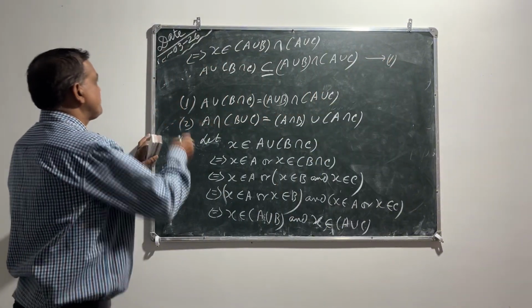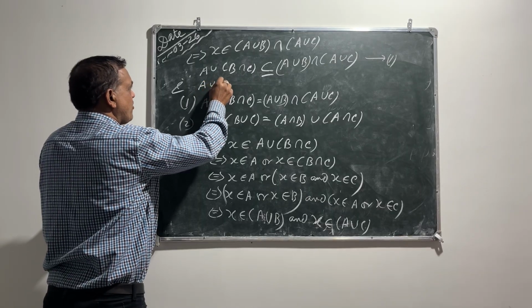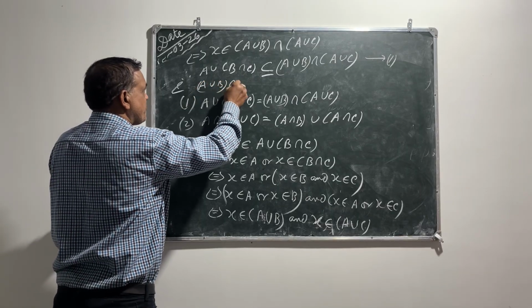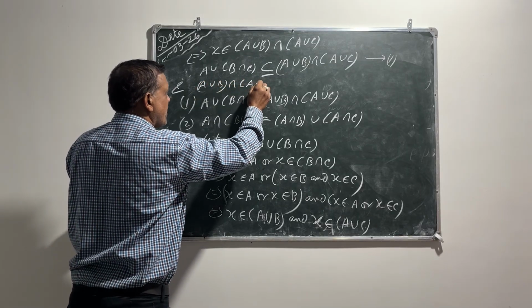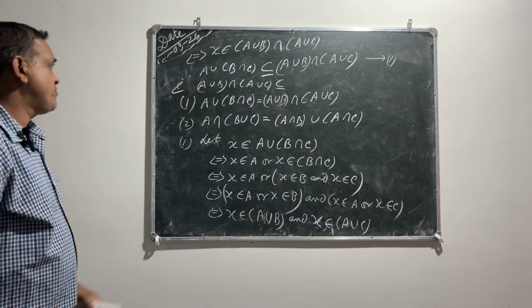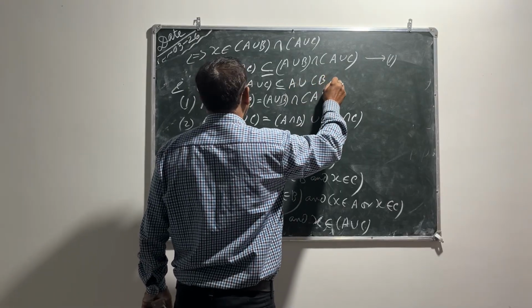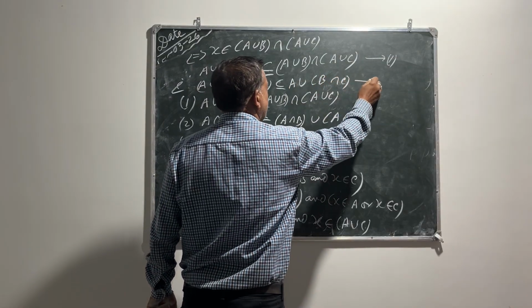And number 2 will be A union B intersection A union C is a subset of A union B intersection C. Number 2.